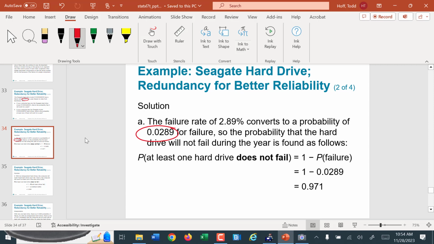If we have a single hard drive, the probability that it'll go 1 year without failing is the complement of failure. So it's just going to be 1 minus the probability of failure. 1 minus 0.0289 gives us 0.971, or 97.1% probability that the hard drive will function correctly throughout the full year.